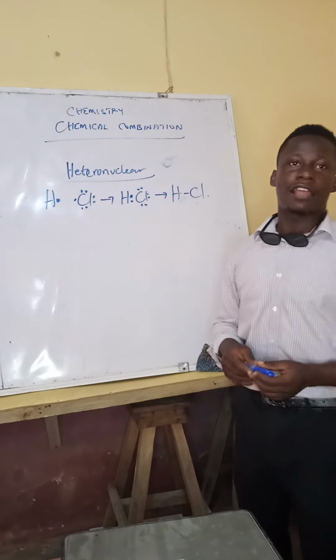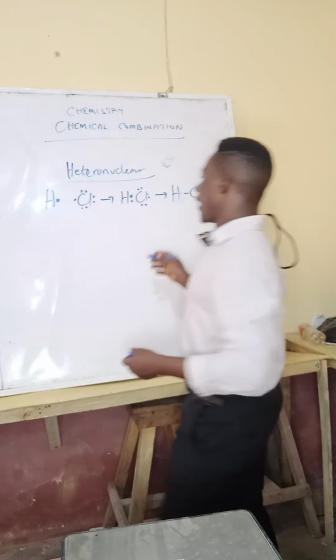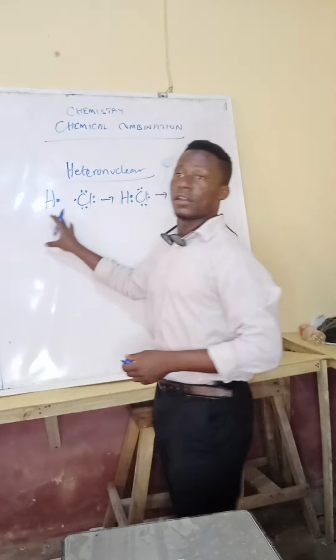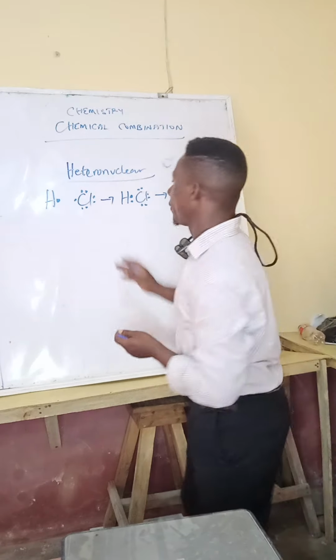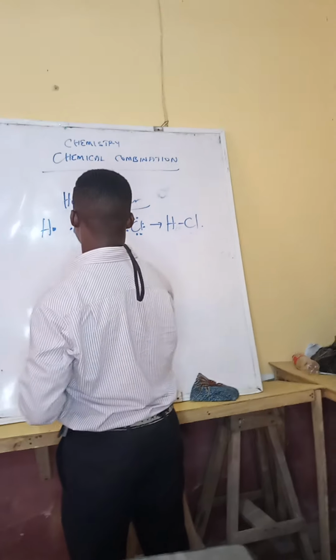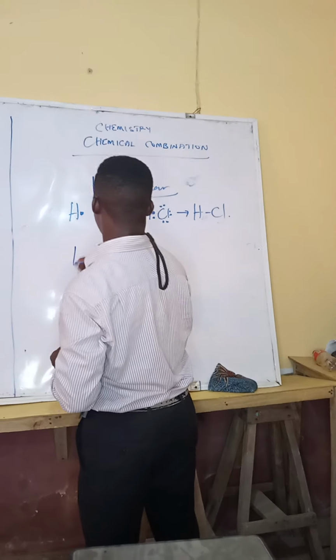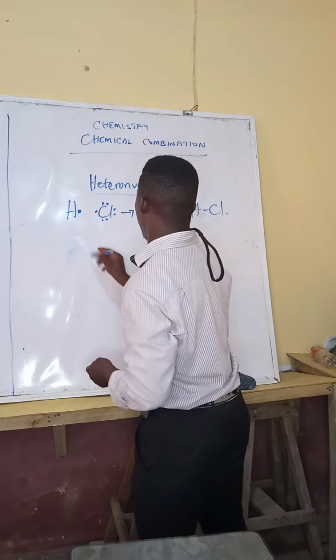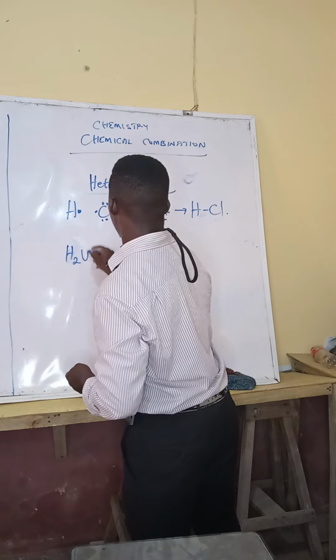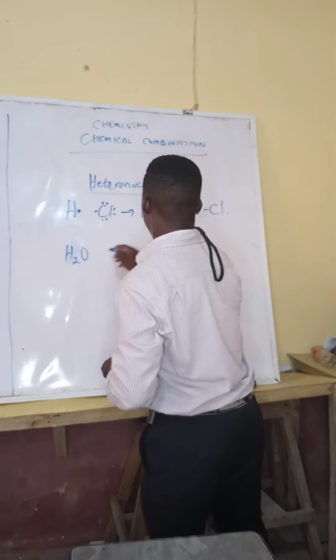Again, we can also have that of water. That means hydrogen and oxygen combining together to form water. The combination is like this: you have oxygen, you have hydrogen. Recall that water is H2O.